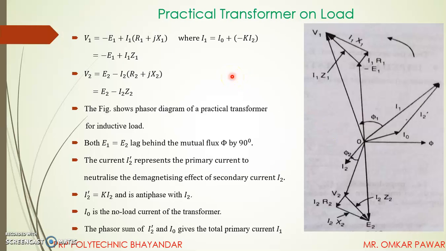So from the circuit diagram, we can calculate and get an equation, that is, V1 is equal to minus E1 plus I1 into R1 plus JX1.